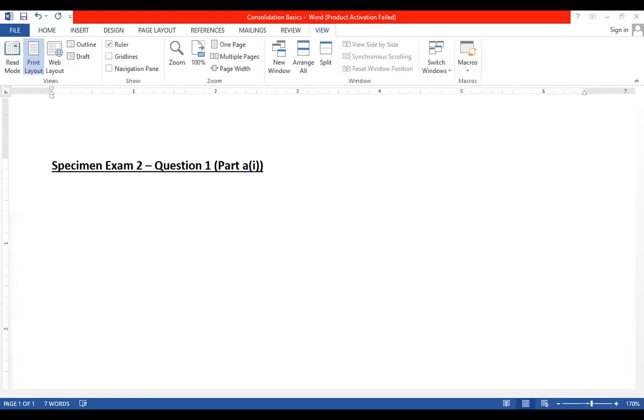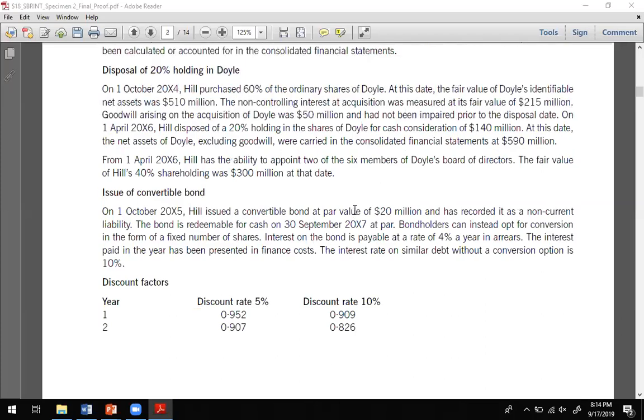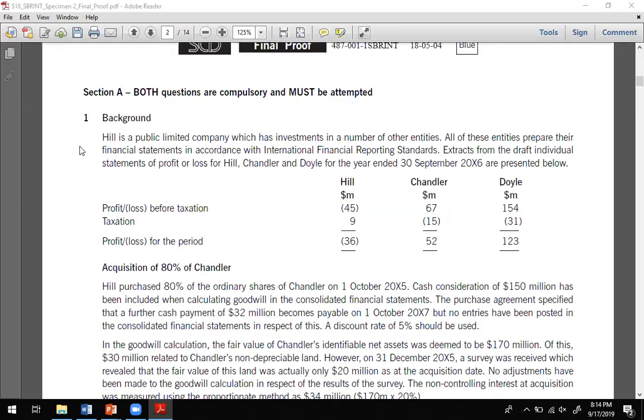So now, if I go back to the question, it says that Hill is a public limited company which has investment in a number of other entities. All of these entities prepare their financial statements in accordance with the International Financial Reporting Standards.